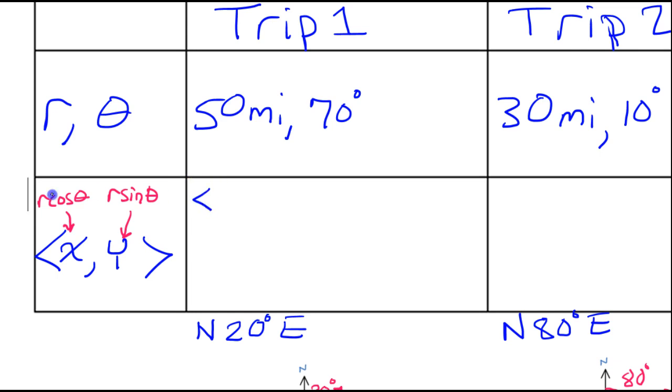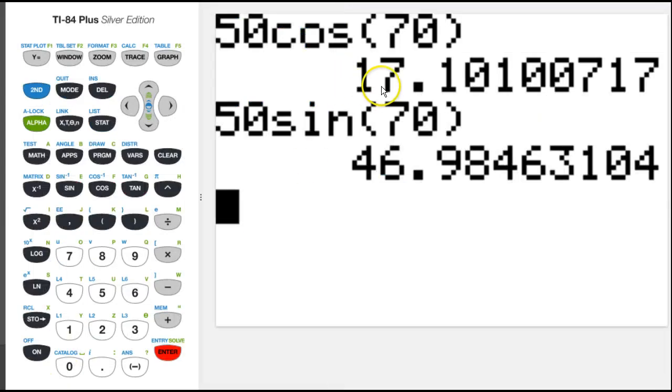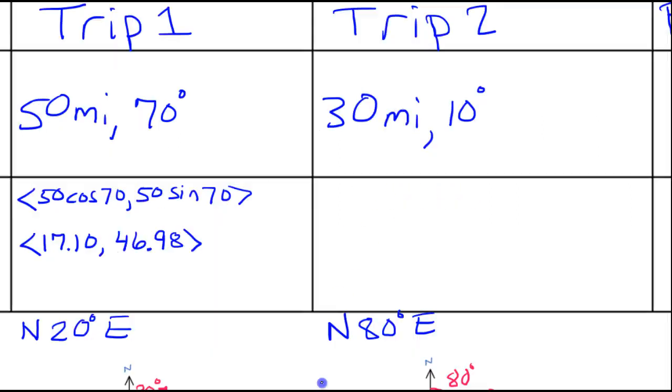So for trip 1, r cosine theta is 50 cosine 70, and r sine theta is 50 sine 70. This is something you can put in your calculator. So the horizontal component is 17.10 and the vertical component is 46.98. And we just record that on the chart right here.